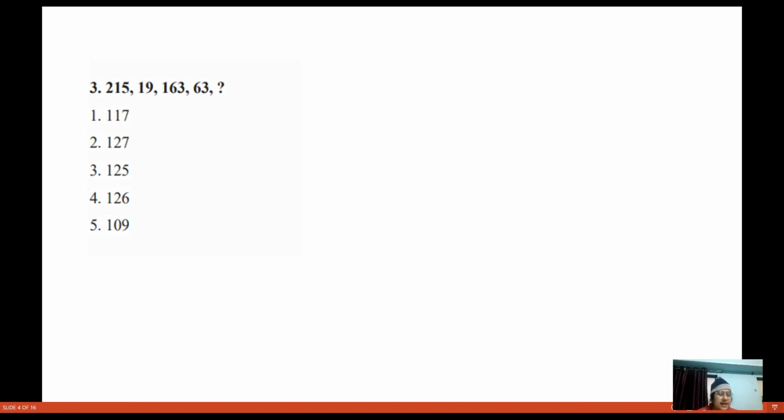Now see, in this series I am getting one thing. See, this one is a 3-digit number and this one is a 2-digit number, and then this one is a 3-digit number and this one is a 2-digit number.